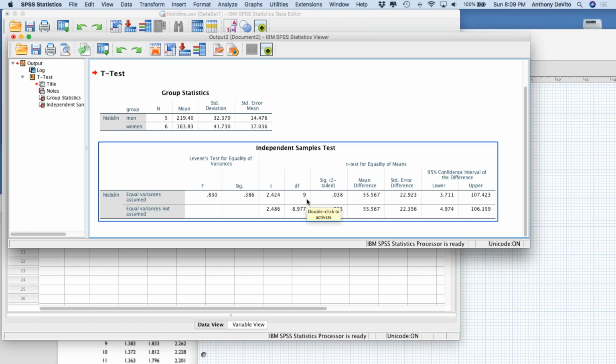Minus 2 would be 9 degrees of freedom. 9 degrees of freedom was about 2.2 or 2.3 or something like that for our t-score. Right, so it looks like our t-value is bigger than we need to reject the null hypothesis. And in fact, if I look at my significance, my p-value is 0.038. It's less than my acceptable level of error.